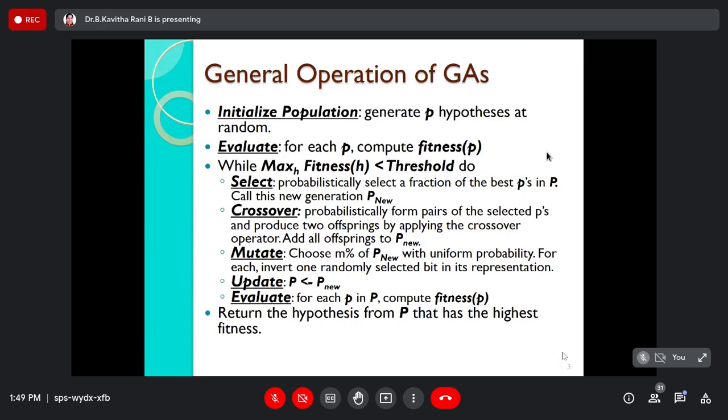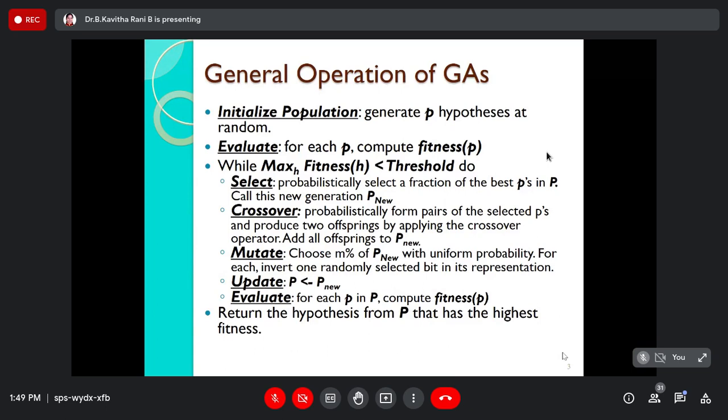Next we have to find which particular hypothesis is the best one, so for that we have to compute the fitness. While max fitness of H is less than threshold, do select, crossover, mutate, update and evaluate.